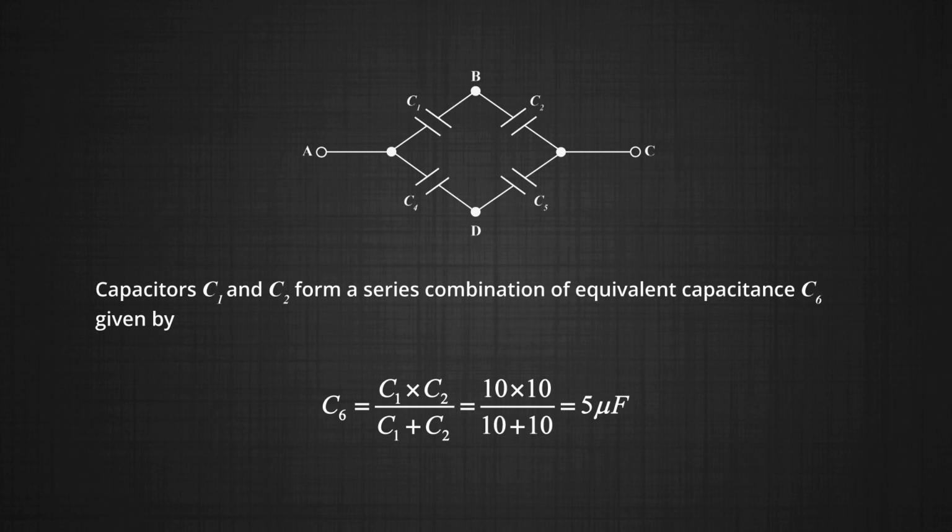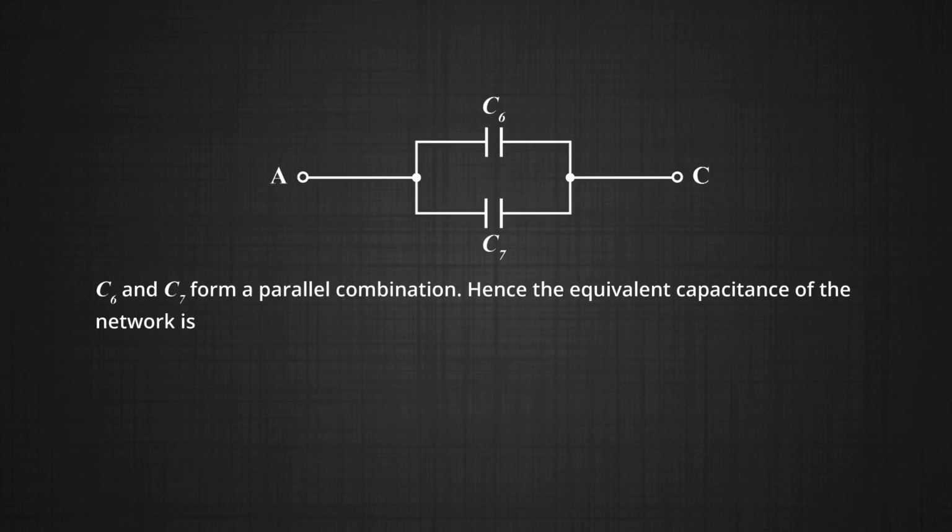So, on substituting the values we get 10 into 10 upon 10 plus 10, which comes out to be 5 microfarad. As shown in the figure, C6 and C7 form a parallel combination. Hence, the equivalent capacitance of the network is given by C equal to C6 plus C7 equal to 5 plus 5, which is 10 microfarad.